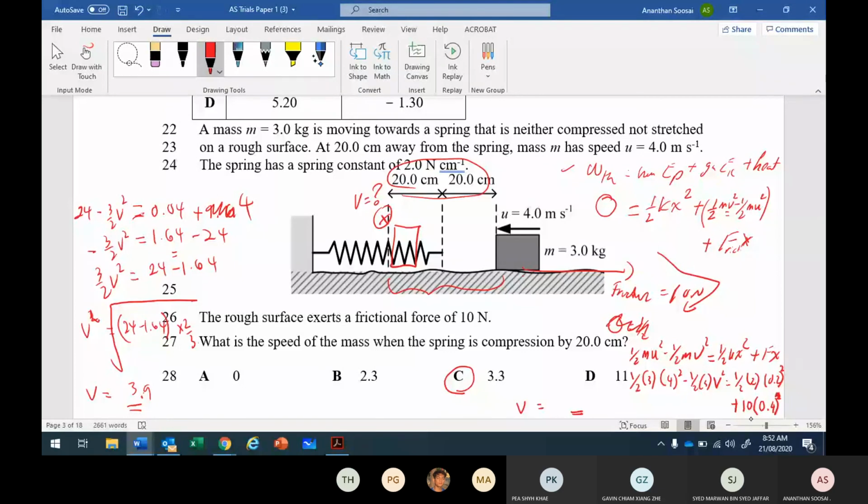So 24 minus 4.04 times 2 over 3, square root. What do you get? 3.6.